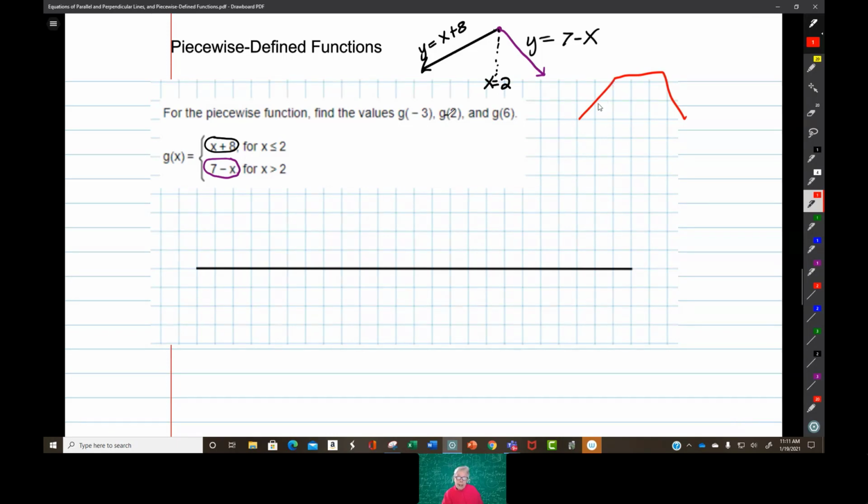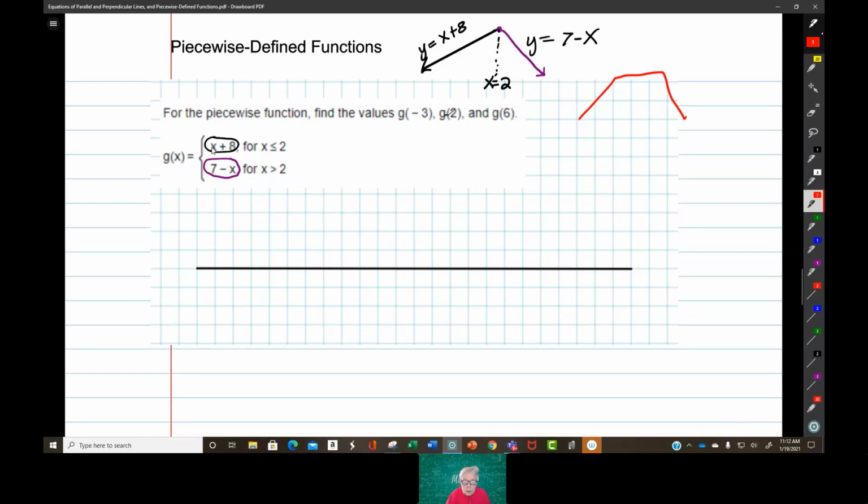Where this has one equation, this has a different equation, and this has a different equation. So that's what we're working at here. But right now, all we're doing is evaluating functions. Okay? Here's what this says.